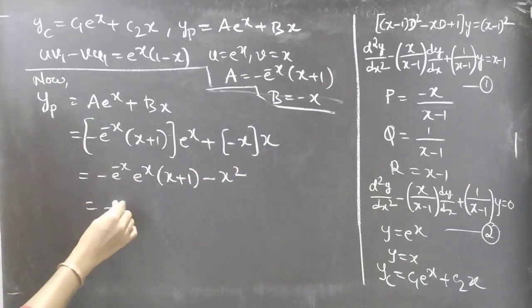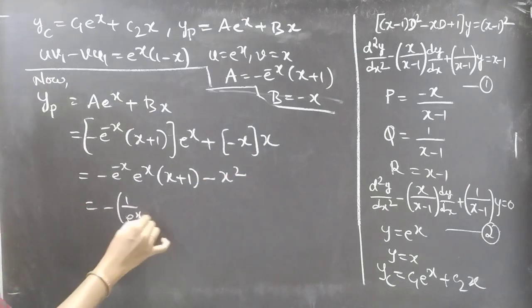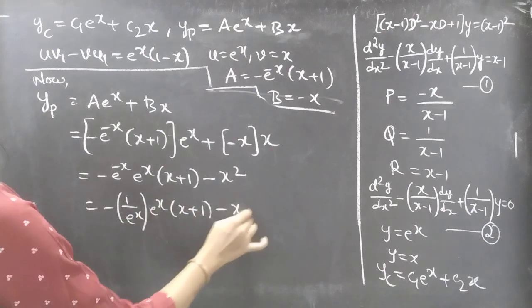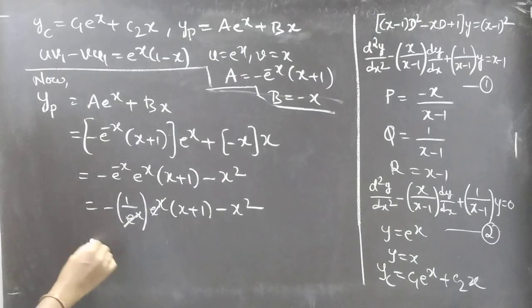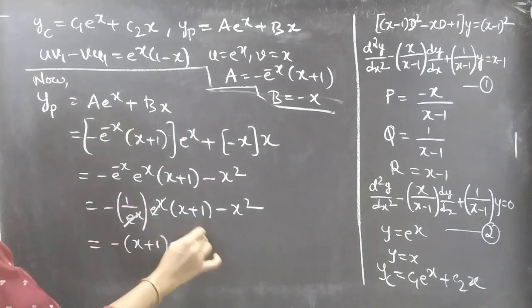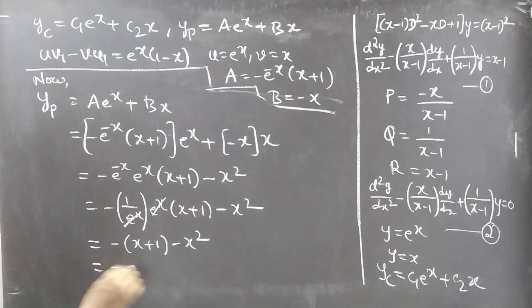Now we can write e power minus x as 1 by e power x. We'll get 1 by e power x into e power x into x plus 1 minus x square. Here e power x gets cancelled and this equals minus of x plus 1 minus x square, which equals minus x minus 1 minus x square.